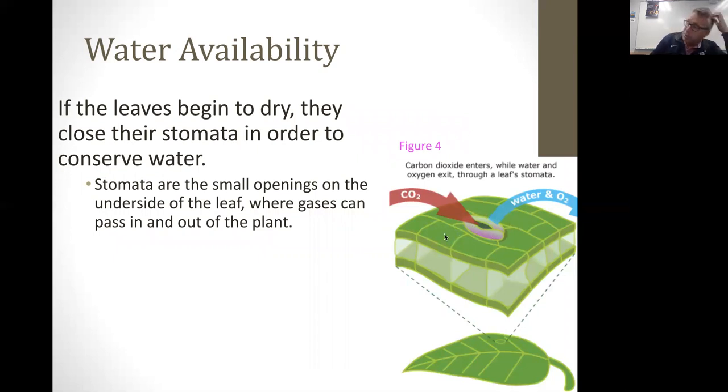If there's not enough water available, the plant will close them in order to conserve water, right? And if those are closed, then carbon dioxide can't come in. So the whole process of photosynthesis will slow down.